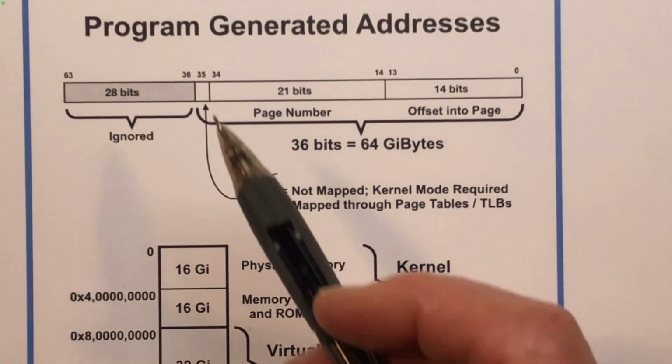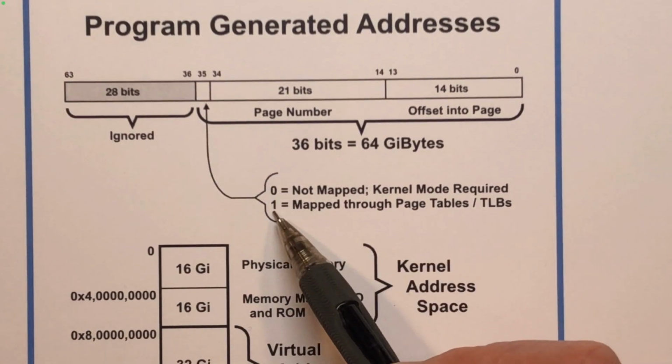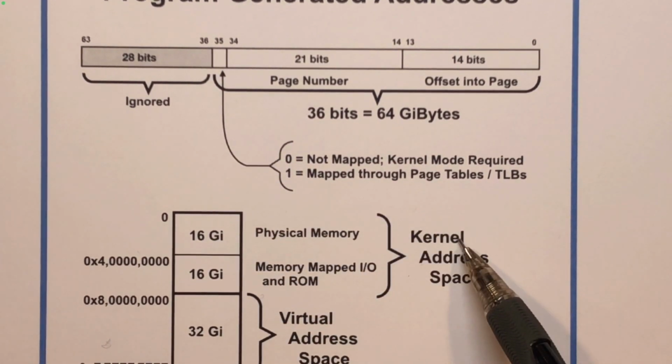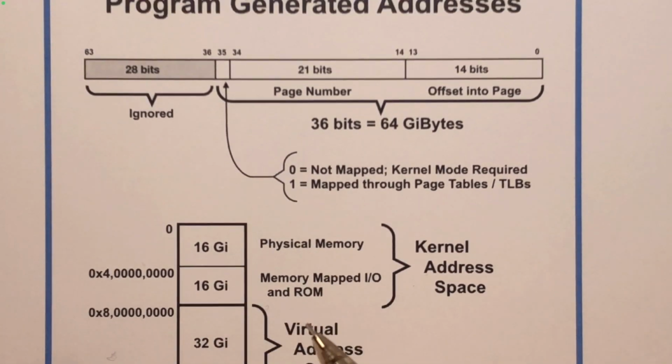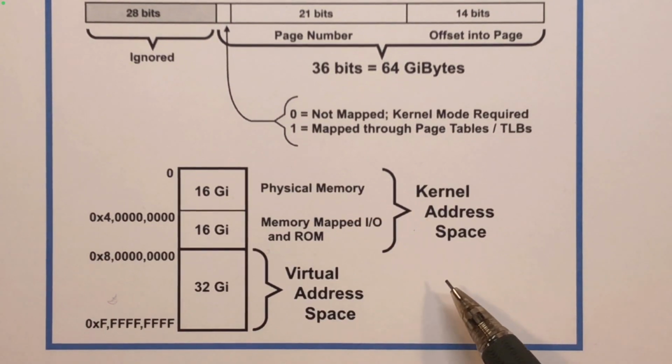And when we have an address, the most significant bit, this bit here, is either a 0 or 1, and that determines whether the address refers to something in the kernel address space, if it's a 0, or in the virtual address space, if it's a 1. At any point in time, the processor is either running in user mode or in kernel mode.